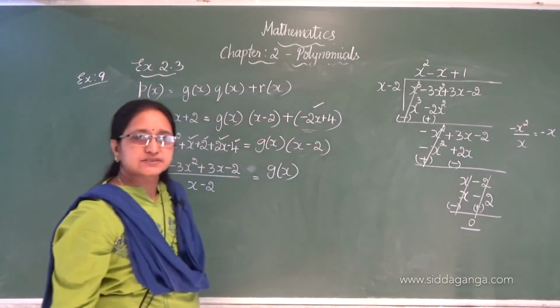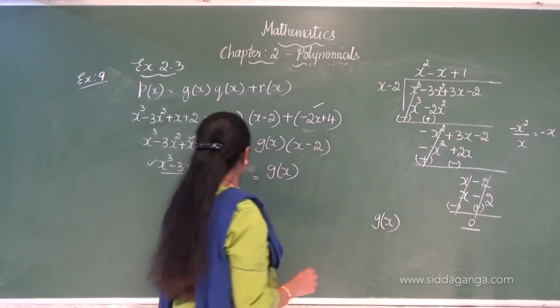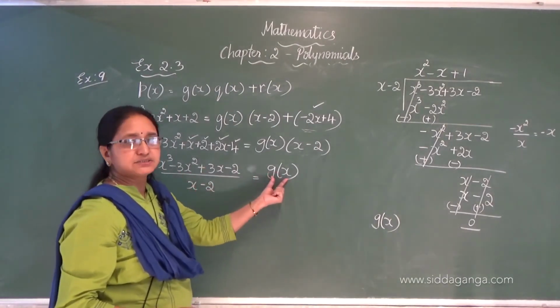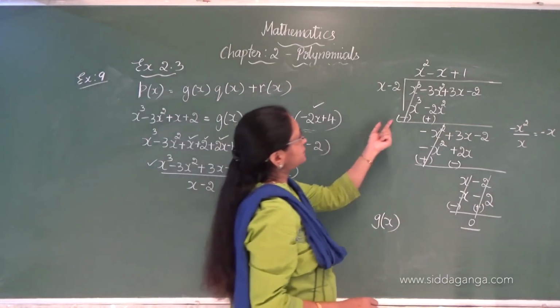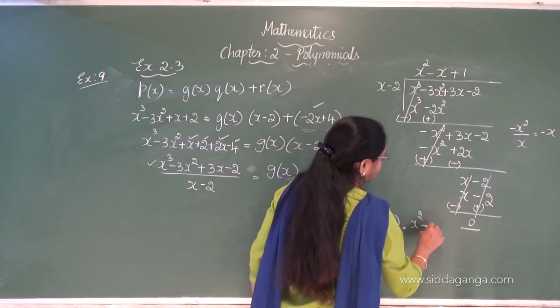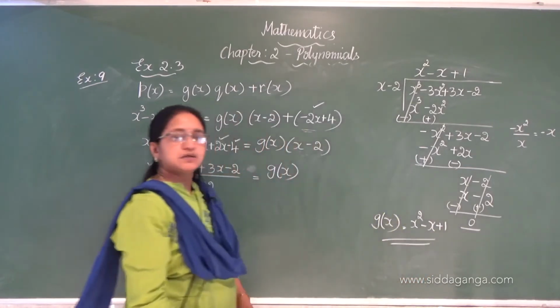Now what is g of x then? When we divided this polynomial by x minus 2, we got g of x. So g of x is x square minus x plus 1. So this is the answer.